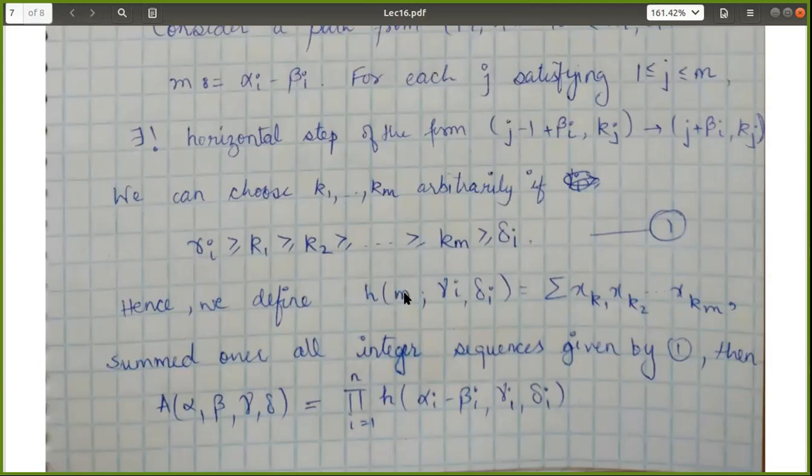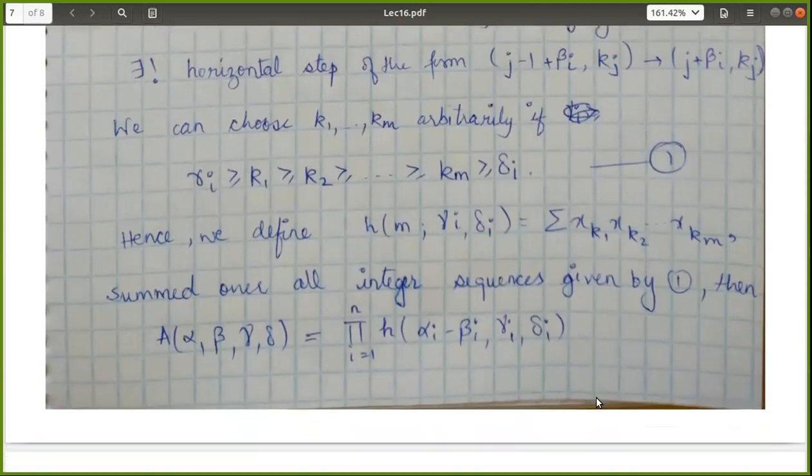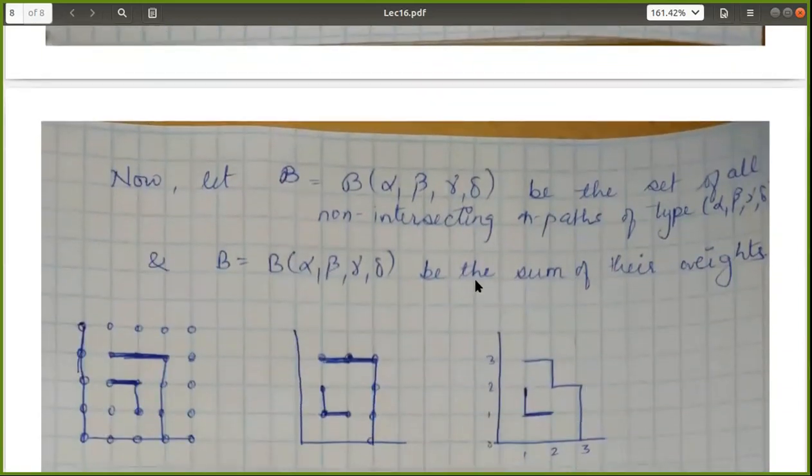Yes. So this m was taking care of alpha I, beta I. Now you take some other, let's say M2, which is going to take care of alpha 2 minus beta 2, and you have to do the entire business. And now you let calligraphic B to be the parameter depending on alpha, beta, gamma, delta, which is the set of all non-intersecting n paths of type alpha, beta, gamma, delta.